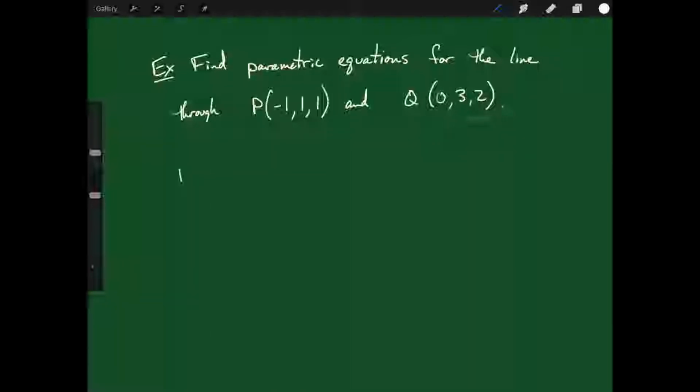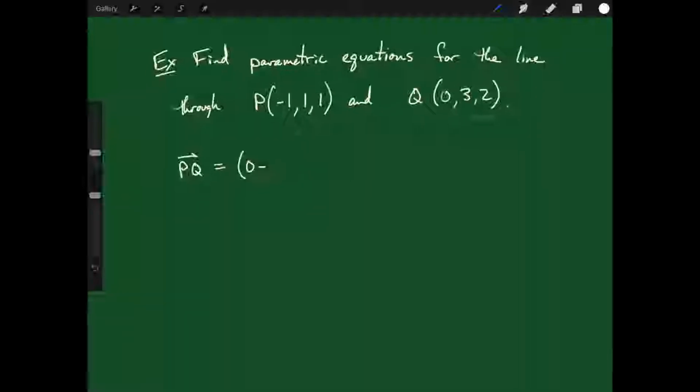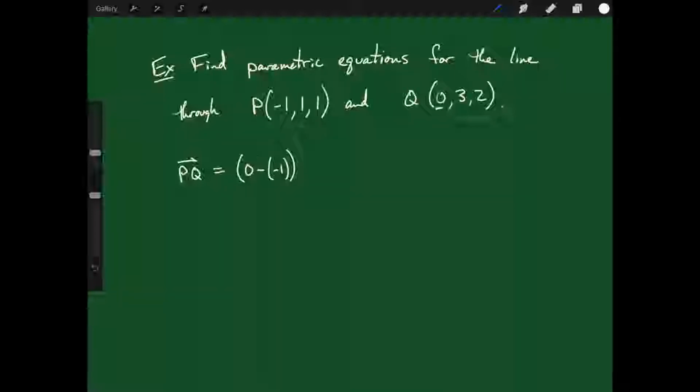Okay, so what I'd like to see is, what's the standard form of the vector from P to Q? And I can say, well, I'm going from P to Q, so I take 0 minus -1 times I, plus 3 minus 1 times J, plus 2 minus 1 times K. All right, so let's rewrite this.